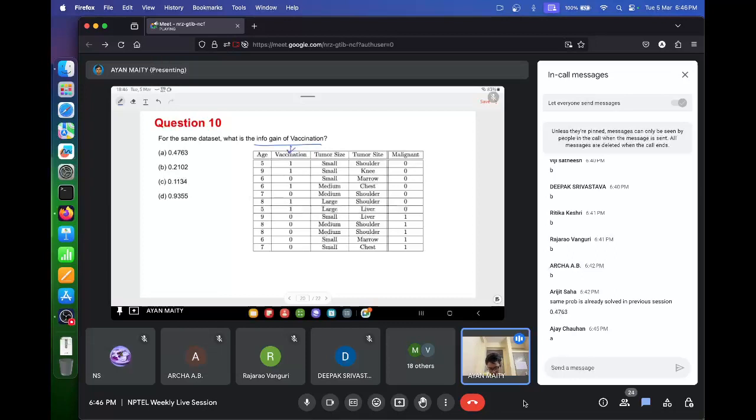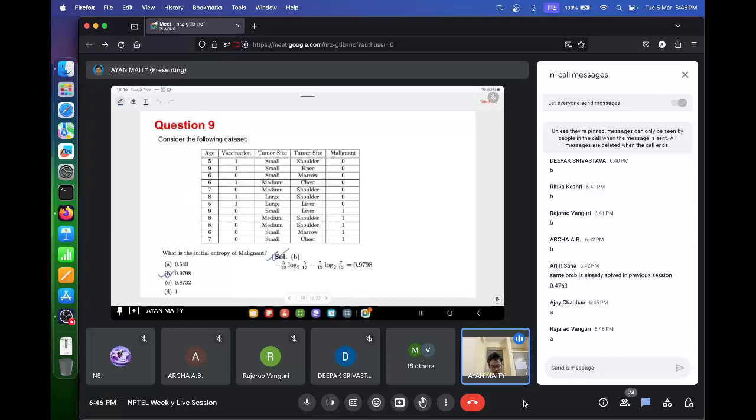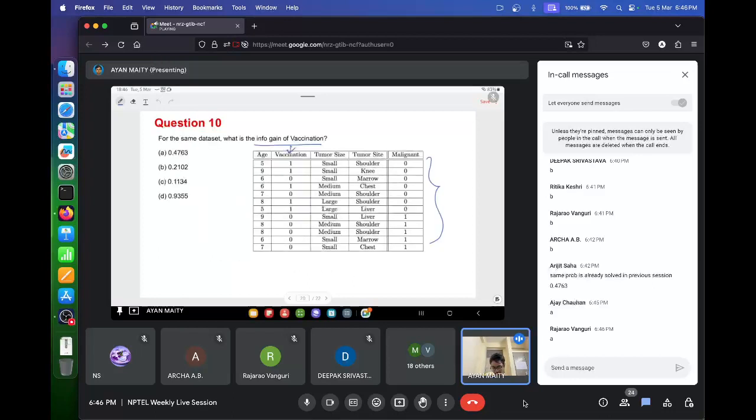Okay, so for this question, as I already discussed, first you have to compute the total entropy of the target variable, which is malignant in this case, and which we have computed in the last question. So the total entropy needs to be calculated, which was this 0.9798, and then for this vaccination there are two unique values, 1 and 0.